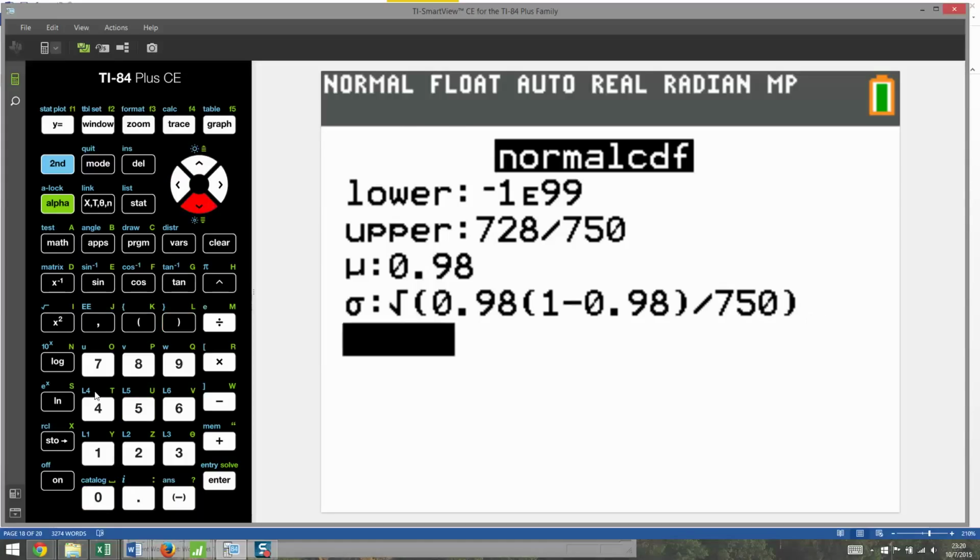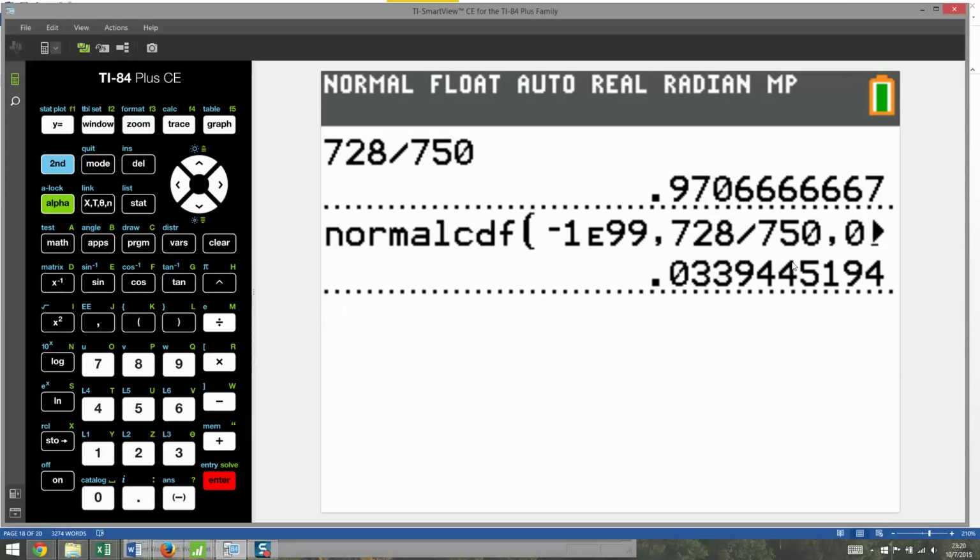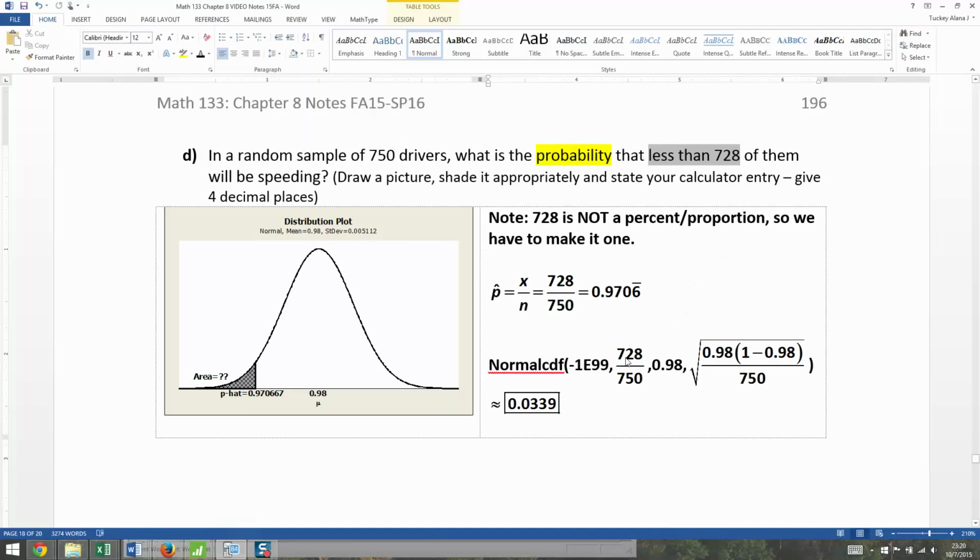Enter. And I get 0.0339. And again, notice that fraction, you can put it right in the formula. That's why I wrote it right here, 728 over 750. You don't have to separate it. You can actually make it part of the problem.